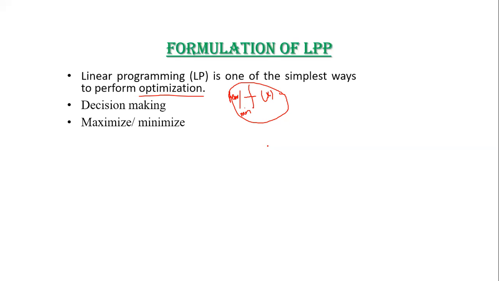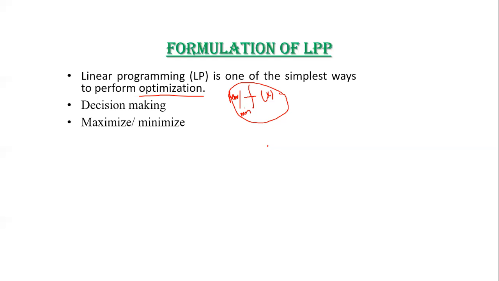And on the other side, we are going to maximize the solution or minimize the solution, because that depends on the objective. If the objective is to maximize, then our solution will maximize the function. If the objective is to minimize, then our solution will give the minimum value. Out of n number of solutions, we have to pick the best solution that may maximize or minimize the function.